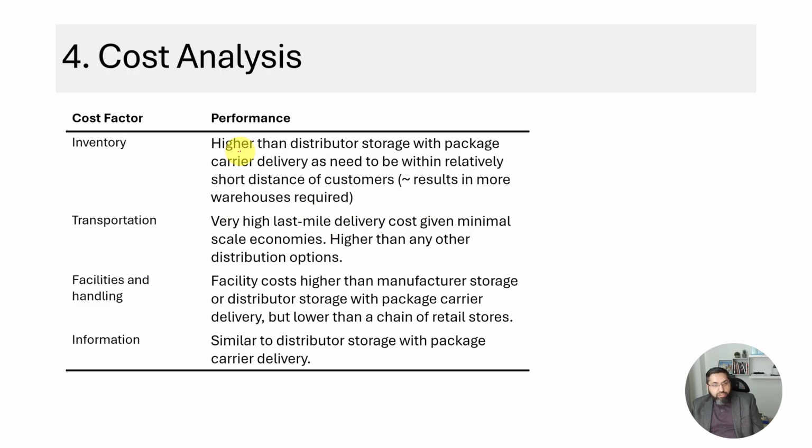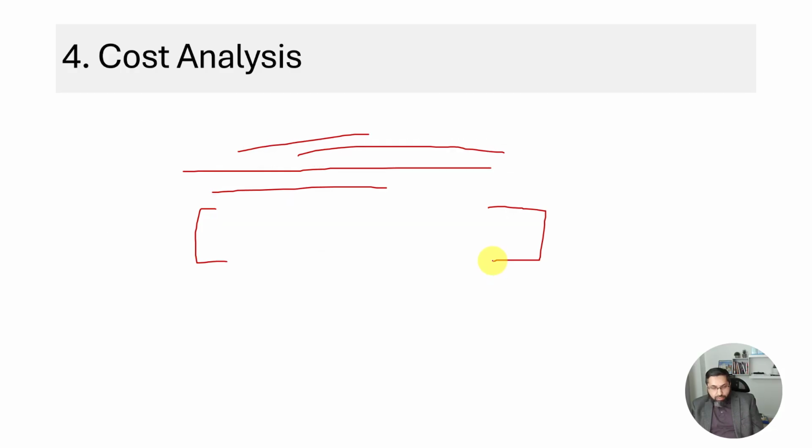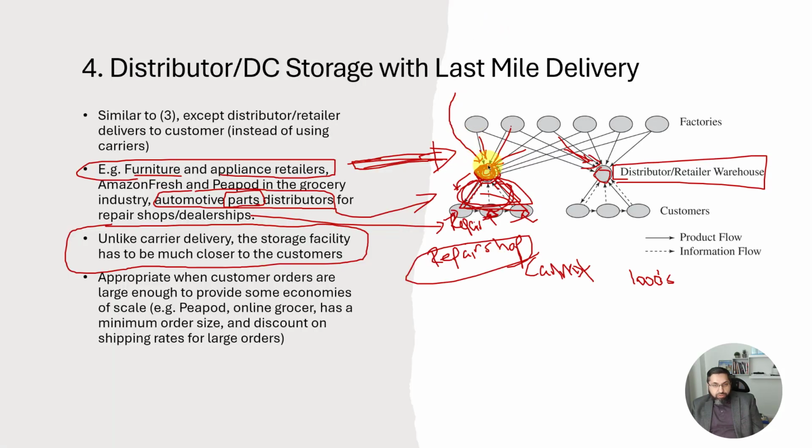So inventory is going to be higher than distributor storage with package delivery, as you need to be relatively short distance of customers. Your transportation costs are going to be high because of these milk runs that you have to do. Okay, because you do them in smaller vehicles, right? You're not sending like 52-foot long big trucks to do that, because these repair shops are, you know, within cities with small access.